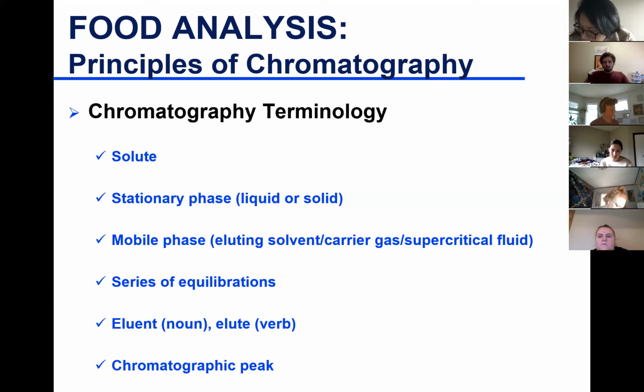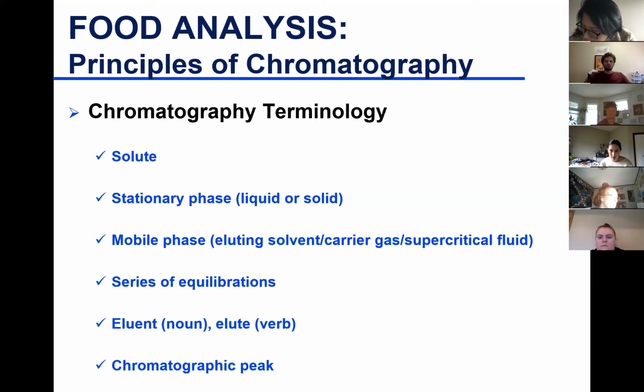And chromatographic peak, we will be talking about it a lot when we want to interpret. It is the component that is coming out and being detected. As it's coming out and being detected, you're getting a measurement, whether it's an absorption measurement or a conductivity measurement, depending on the detector that you have.